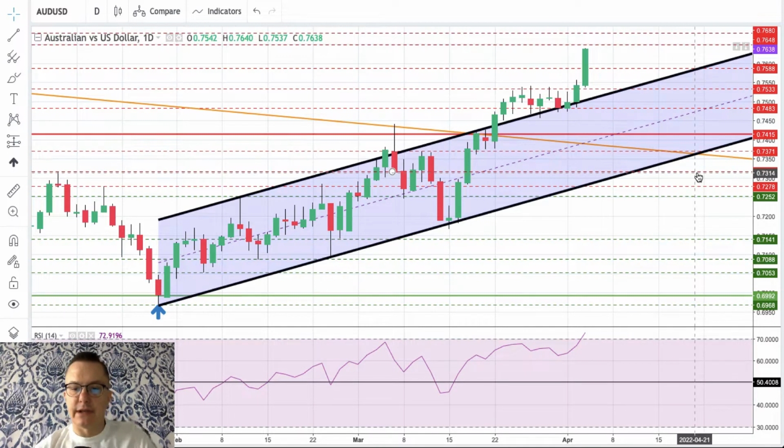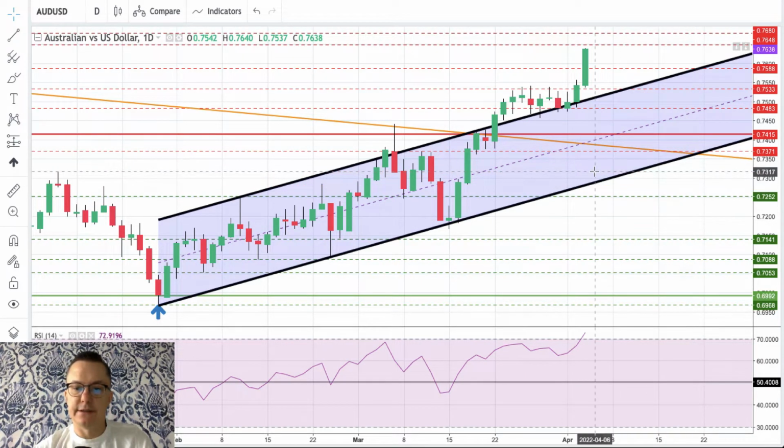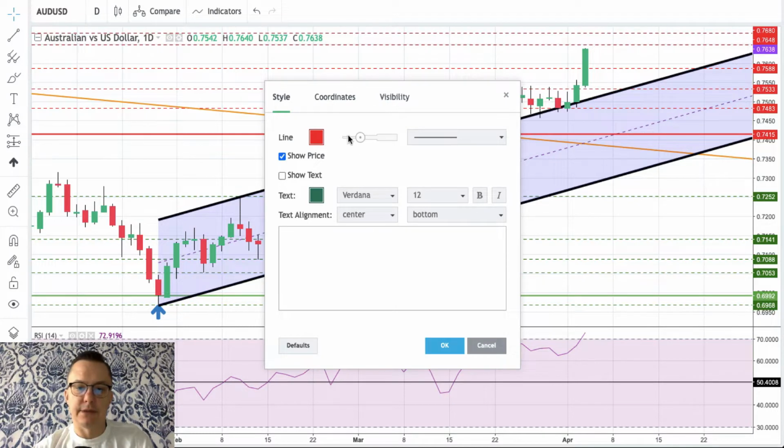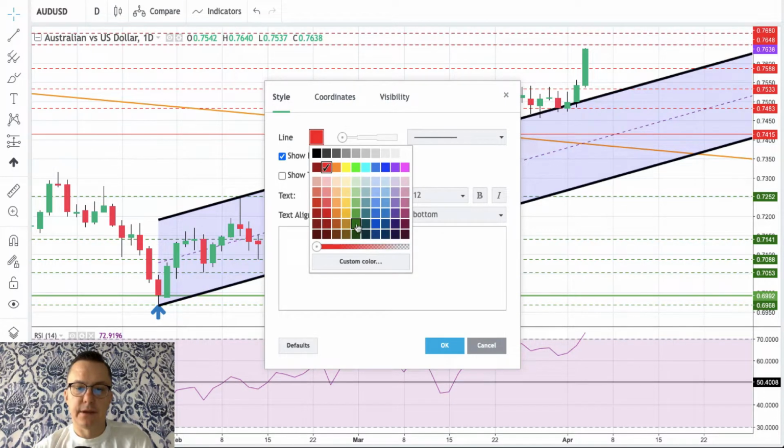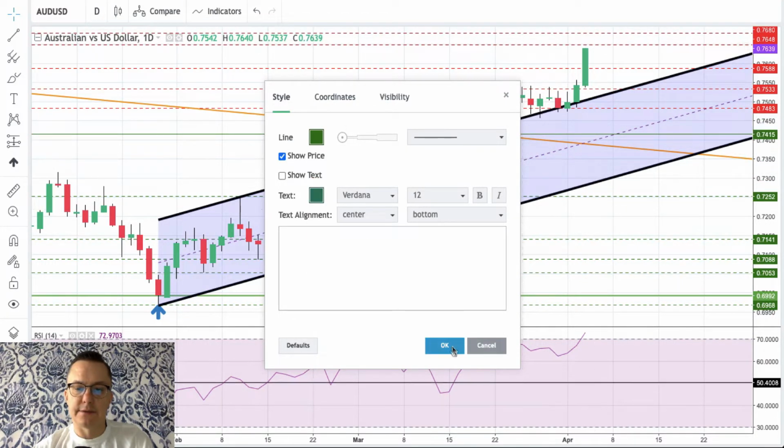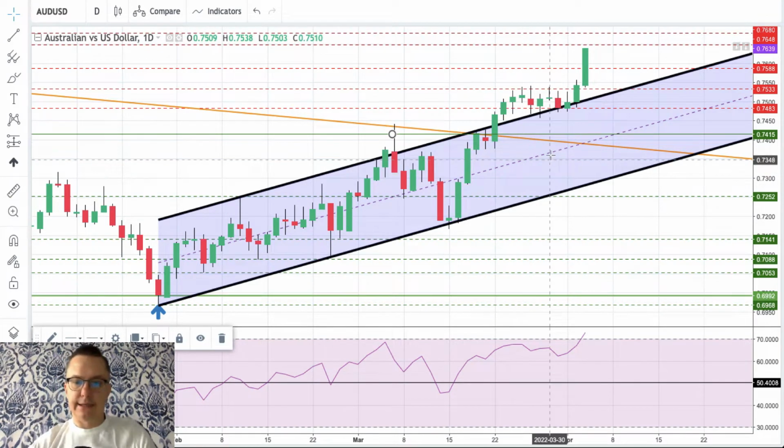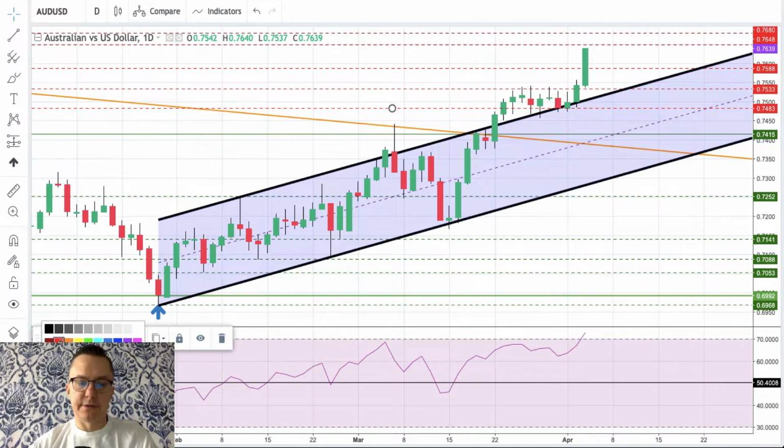All of these levels are now technical resistance. They need some sort of update. However, it's not a big update. So right now this will be our key technical support, of course, and these levels here will be supports as well.